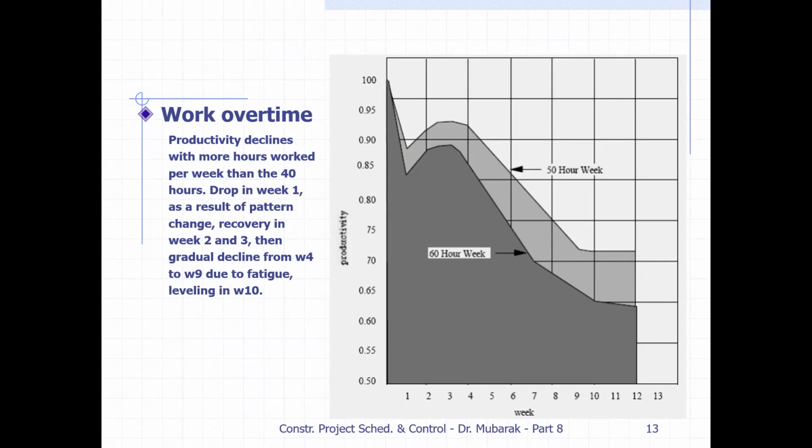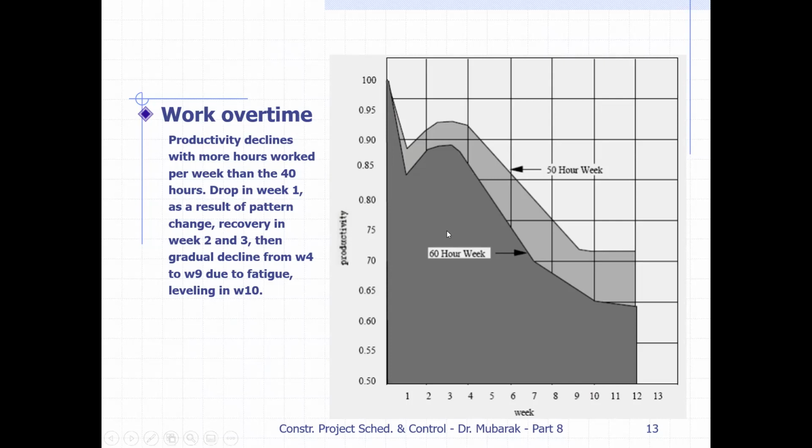If people work more than 40 hours, such as 50 or 60 hours, they spend more time on the work, and productivity is affected by tiredness and fatigue. Productivity declines with more hours worked per week than the standard 40 hours.